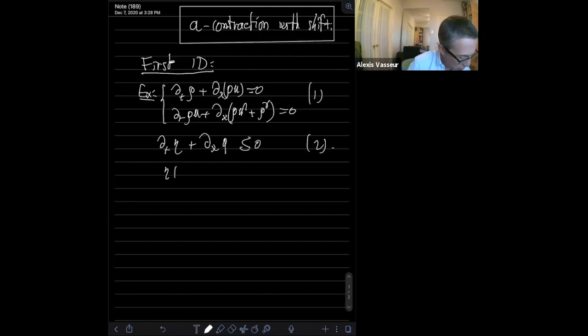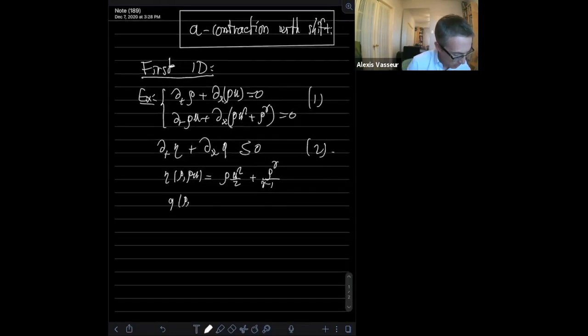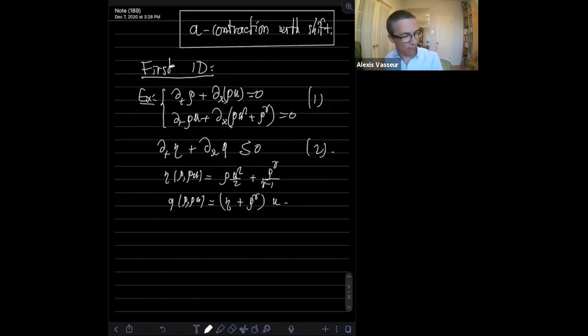It is the kinetic energy, actually the physical energy, which we call the mathematical entropy: eta equals rho u squared over 2 plus rho gamma over gamma minus 1. And then you have the q, which I can write, though I'm not sure it's really relevant here: it works out as eta plus rho gamma u, that's one way to write it. Okay, that's what we consider.